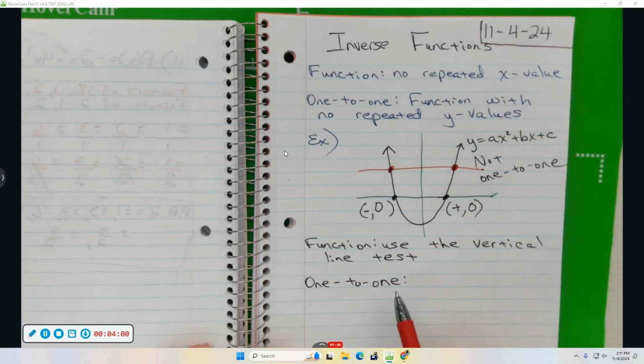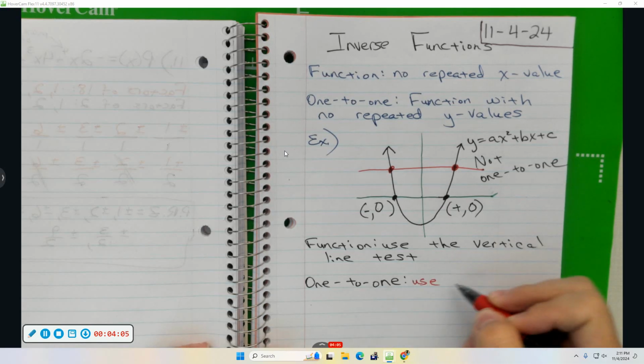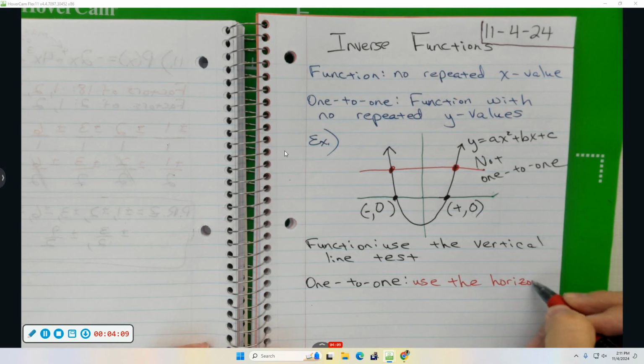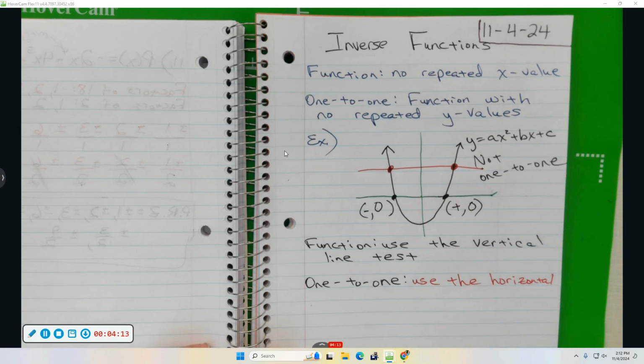So to determine if a graph is one-to-one, you need to use the horizontal line test. Use the vertical line test to determine if the graph is a function, and the horizontal line test to test for one-to-oneness. Any questions up to this point?